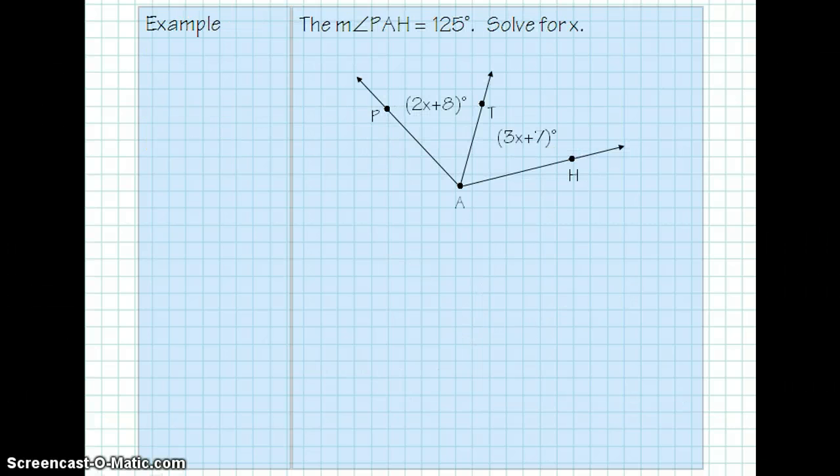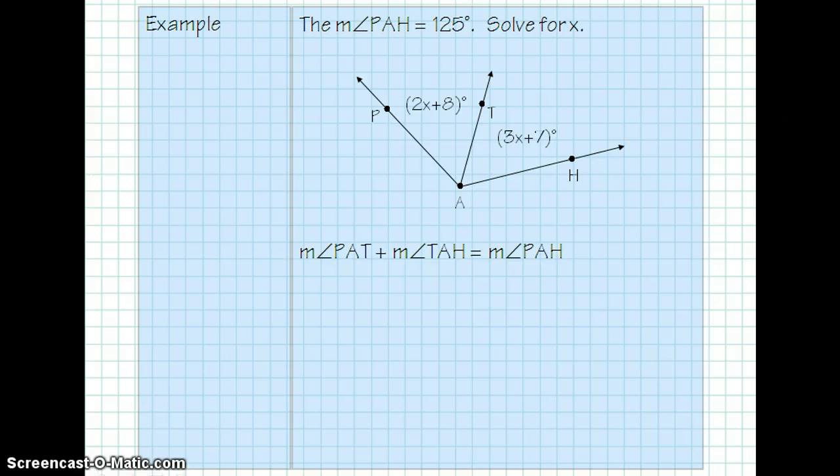Another example using algebra would be if I have the measure of angle PAH is equal to 125 degrees and we want to solve for x. When you see the phrase solve for x, you need to think about setting up an equation. If one isn't already given to you, then you're going to have to set one up for yourself. So remember, the part plus the part is equal to the whole. That gives you a clue of how you want to set this up. So the left-hand angle plus the right-hand angle is equal to the whole thing.